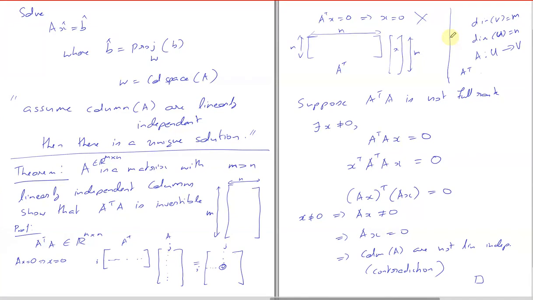Why doesn't it hold for any subspace? If I take any subspace of this m-dimensional space V, are you saying that all the columns of A transpose are linearly independent? Only rows are independent, sir. Only some n columns are independent.